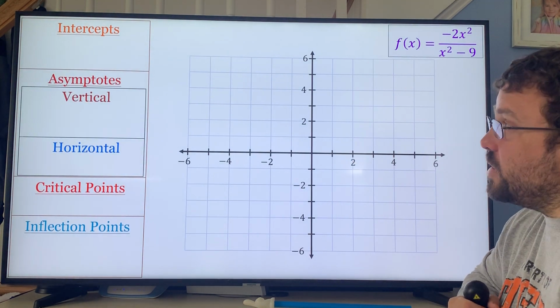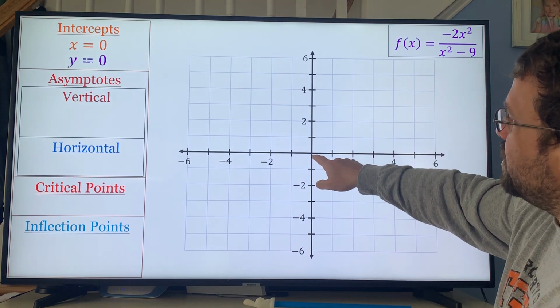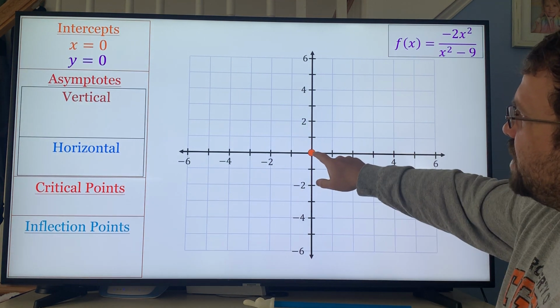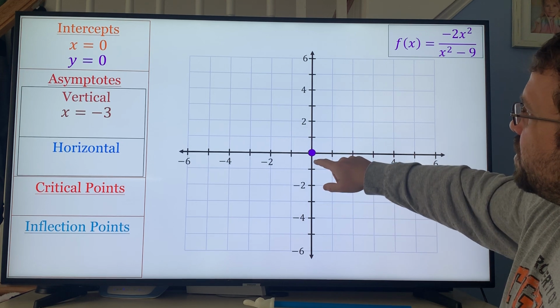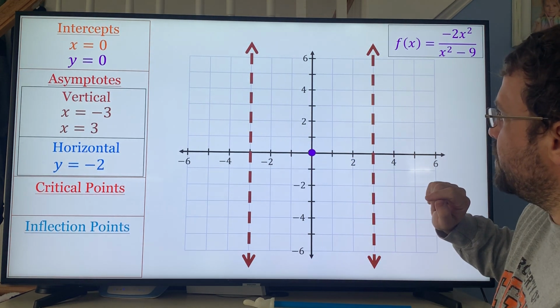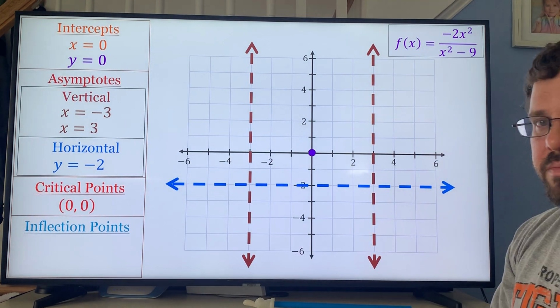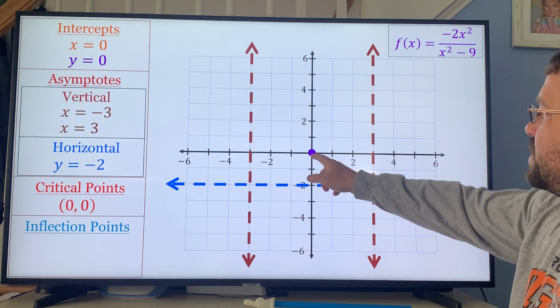So you have concave down, concave up, and then concave down. So let's see what this graph looks like. Your intercepts: x equals 0, y equals 0, so it's the same intercept. Your vertical asymptotes, x equals negative 3 and x equals positive 3. Horizontal asymptote, y equals negative 2. Critical point, 0, 0.